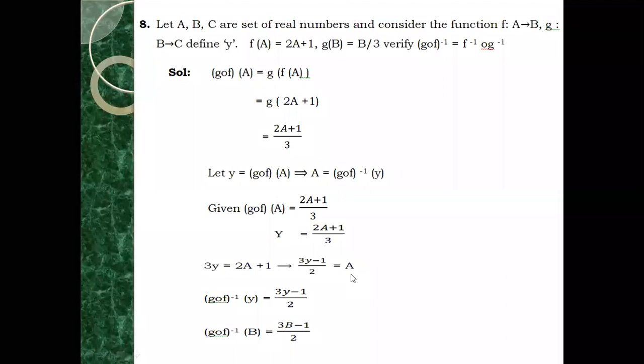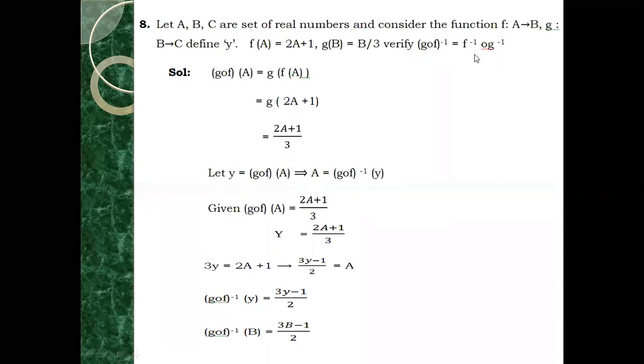From that we find the a value, a is equal to (3y − 1)/2, so (g∘f)⁻¹(y) is equal to (3y − 1)/2. Now we replace y by b, so we get (g∘f)⁻¹(b) is equal to (3b − 1)/2. This is the LHS part.